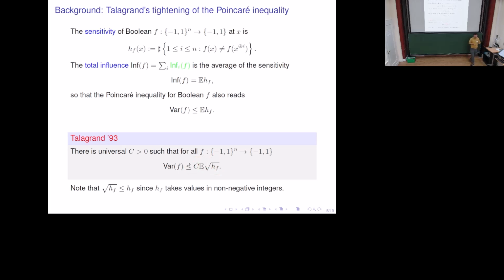So this is another way to strengthen the Poincare inequality, and you can verify that this inequality, in some sense, is optimal for the majority function that we reviewed from the very beginning, but not for example, the tribes functions.